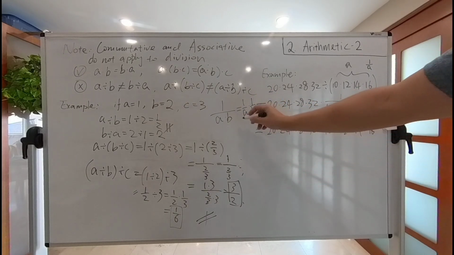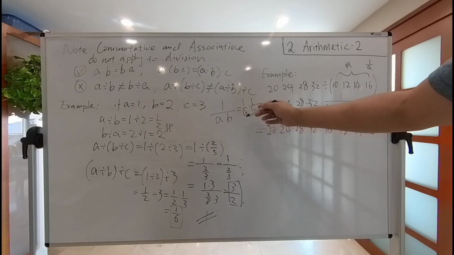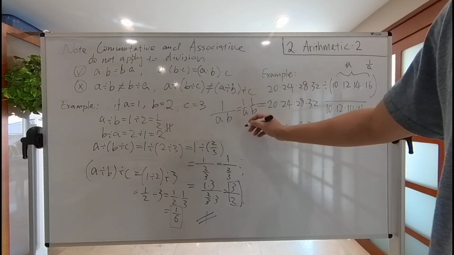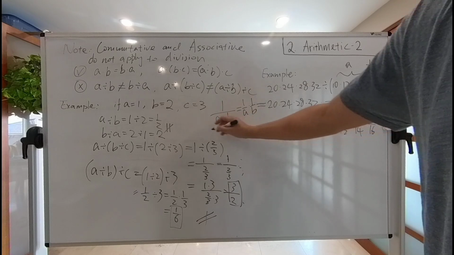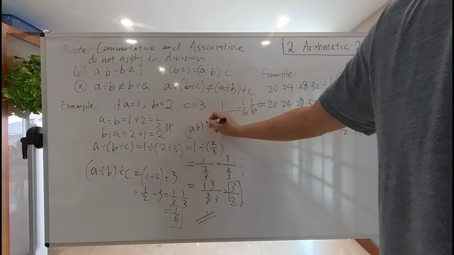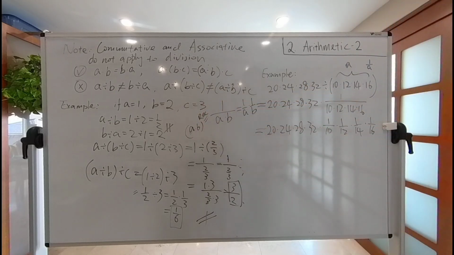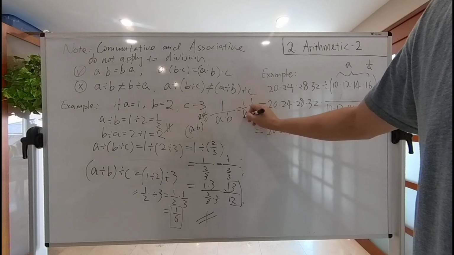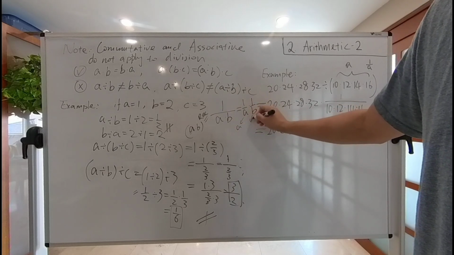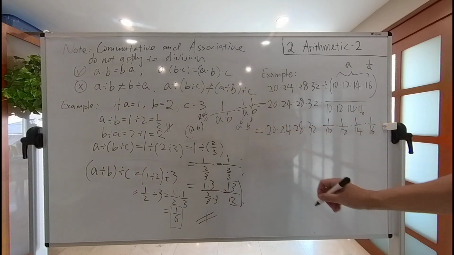You can actually prove this by using the definition of division and using the definition of reciprocal. For example, the reciprocal of a times b is equal to 1 over a times b, and then this is the reciprocal of a, and this is the reciprocal of b, and by the associative or commutative rule of multiplication, they will be equivalent to each other because eventually the product will equal 1.